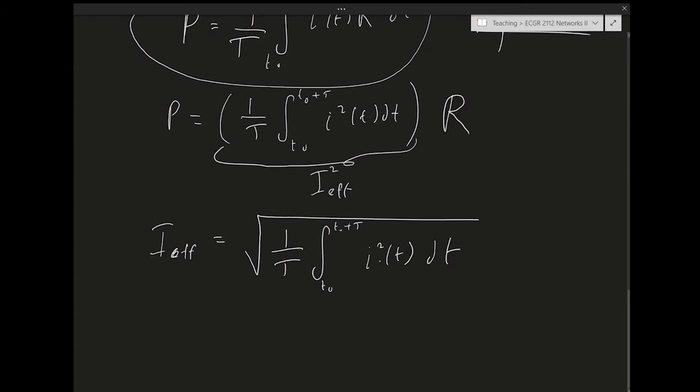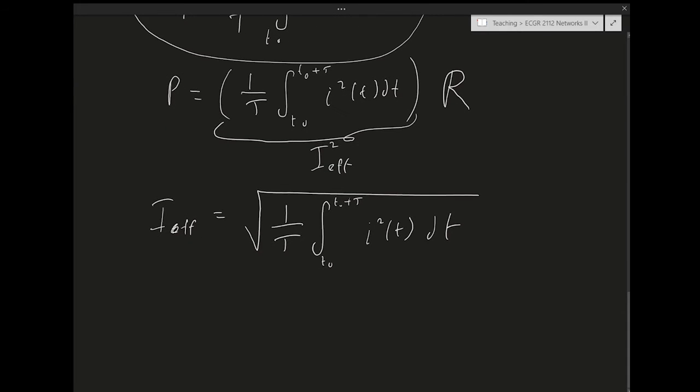Notice here we're taking the square of the signal, we're averaging it, and then we're taking the square root. That's why there's another name for the effective current. It's called the root mean square. We're doing three things. We have a signal coming in.